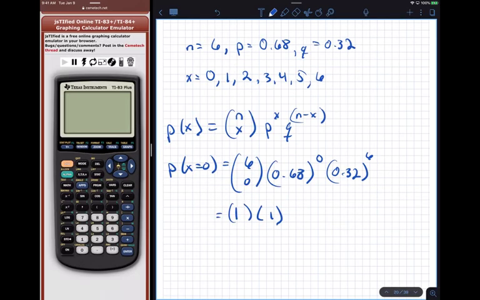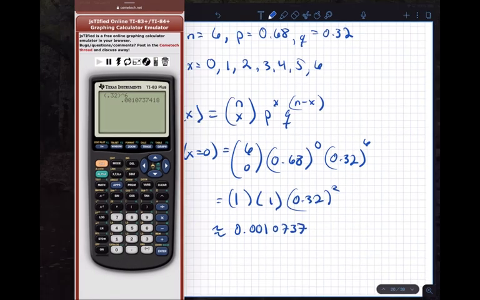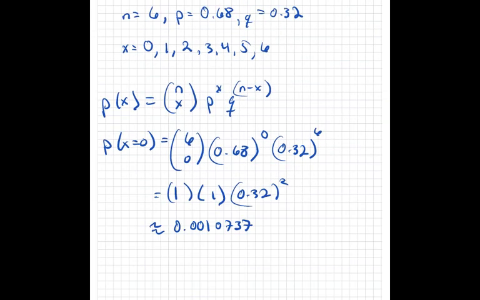Okay, so then we're going to do 0.32 to the power of 6, and that's approximately 0.001737. So that's the probability that x is equal to 0.